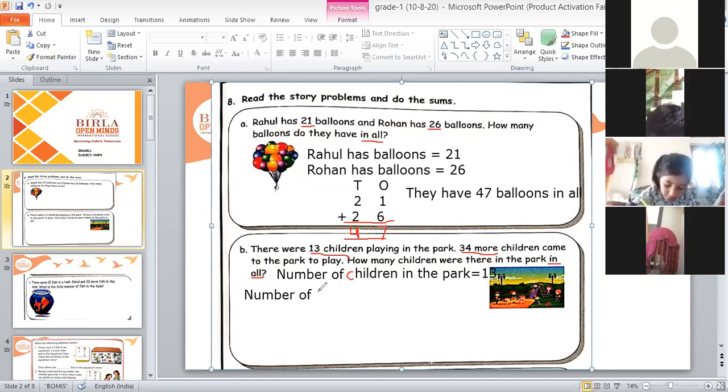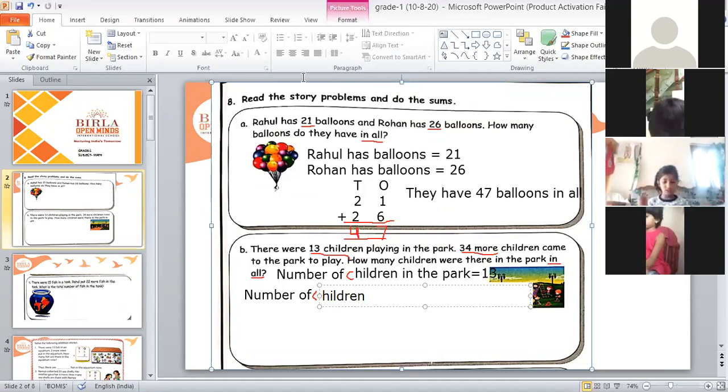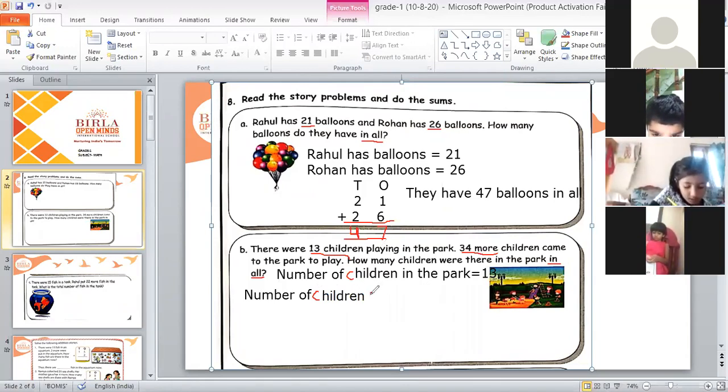Okay, so next we will write number of children came, equal to how many children came? 34.